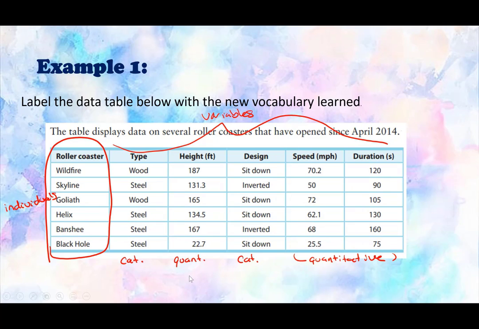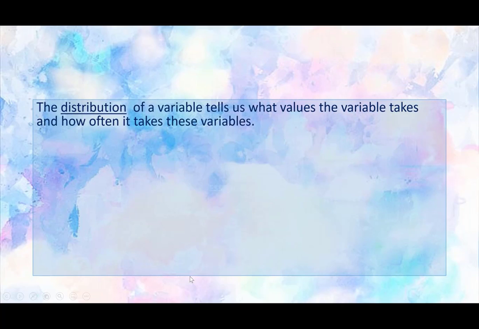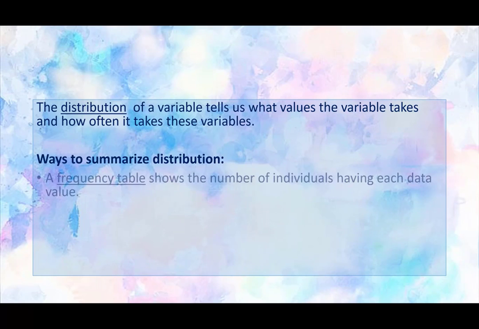Okay, so we have different ways of describing all of this data, and the first one is the distribution of a variable. And that tells us what values the variable takes on and how often it takes these values on. Okay. Ways to summarize a distribution. We have a frequency table, and a frequency table shows the number of individuals having each data value.